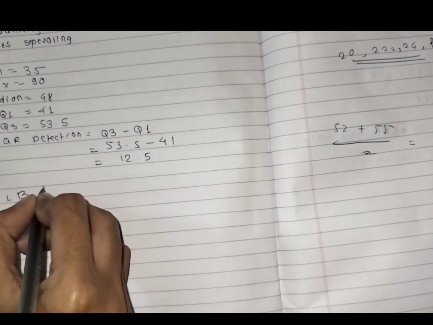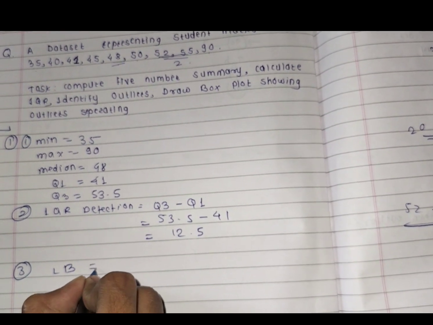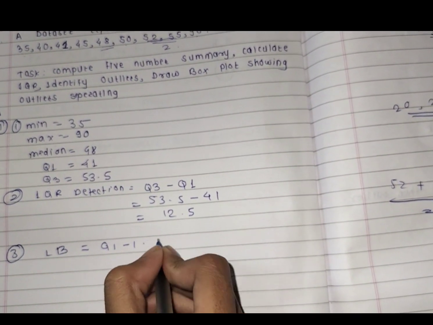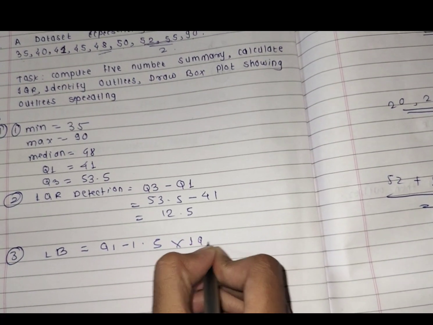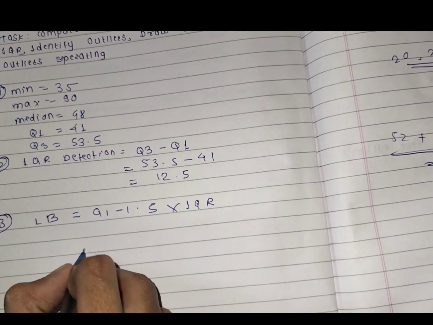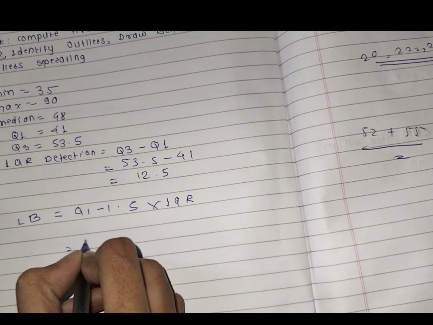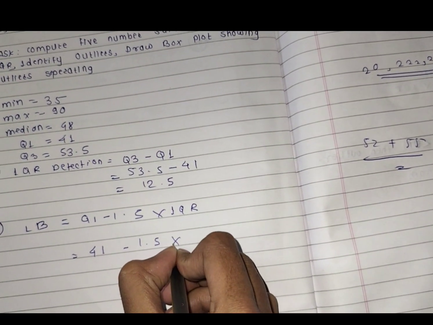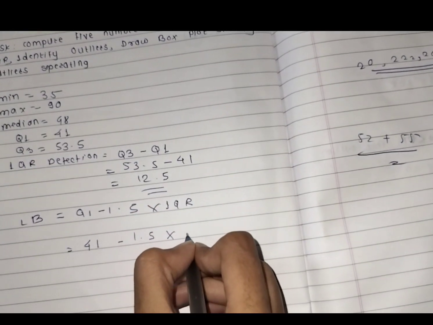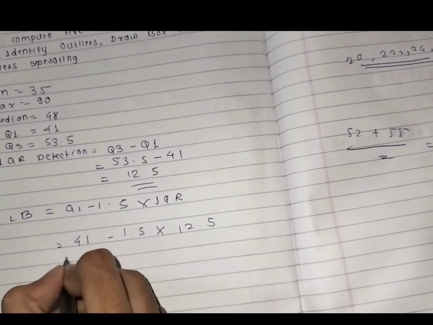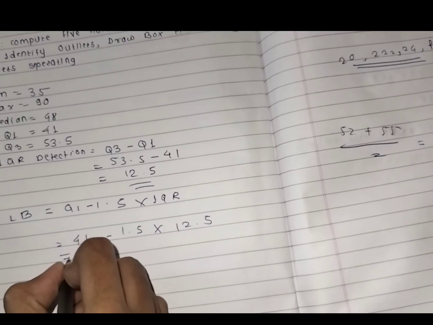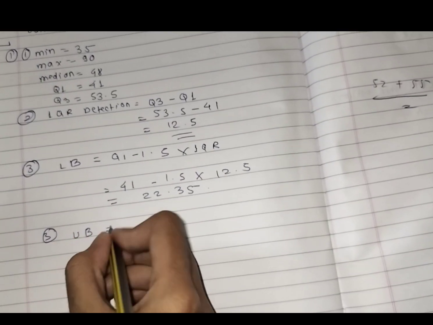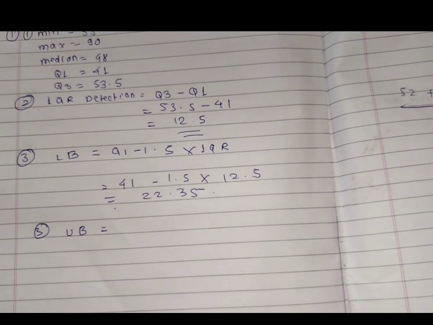The formula for finding the lower bound is Q1 minus 1.5 times IQR. Now we have Q1 as 41 minus 1.5 times, we have found the IQR, that is 12.5. So we will get the final answer as 22.35.